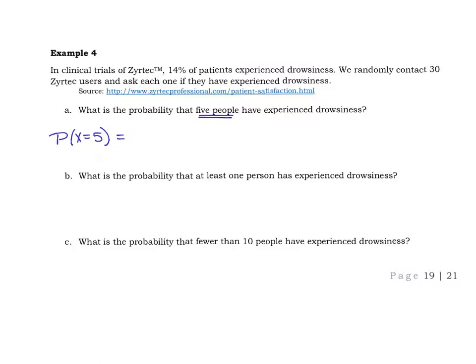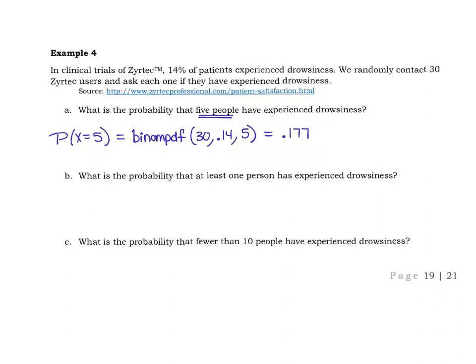Okay, so we want binom PDF. Our N is 30 people, our P is 14%, and our X in this case are those 5 people we are interested in. Okay. When you do that, you should get 0.177.